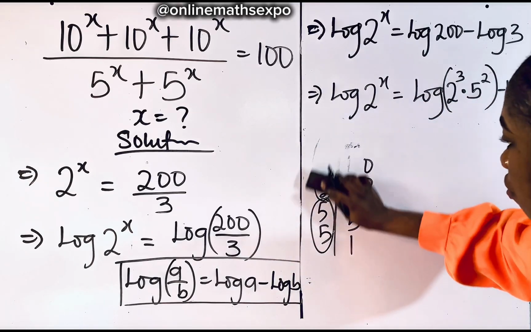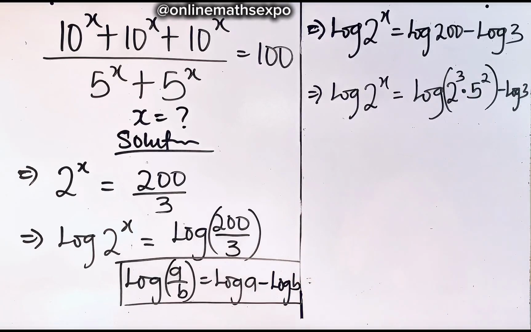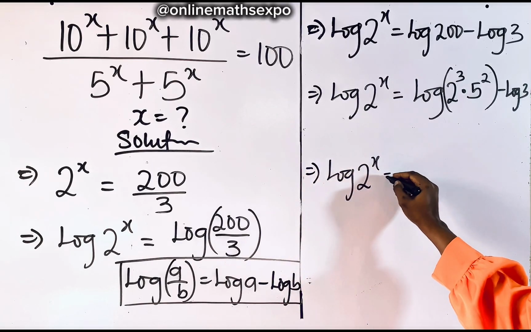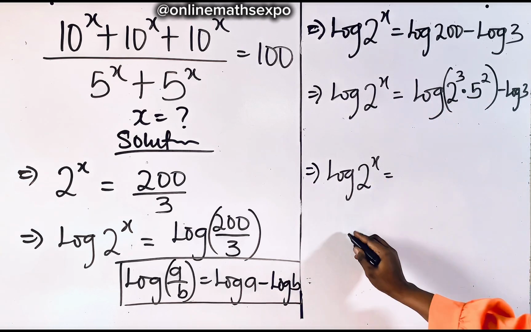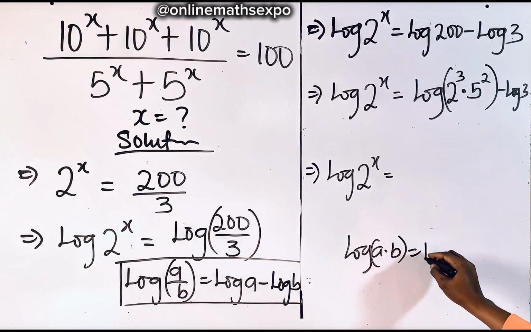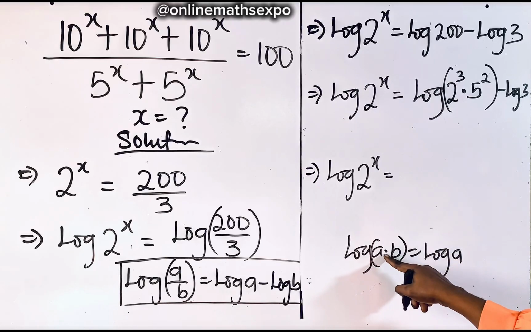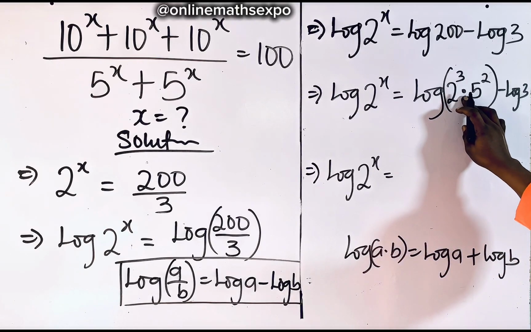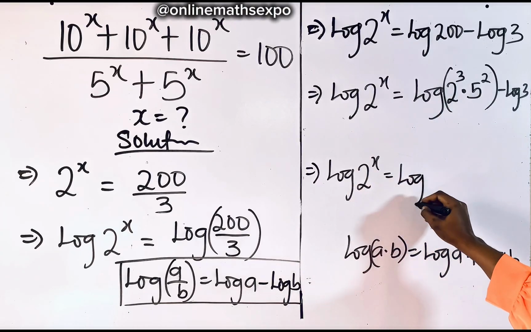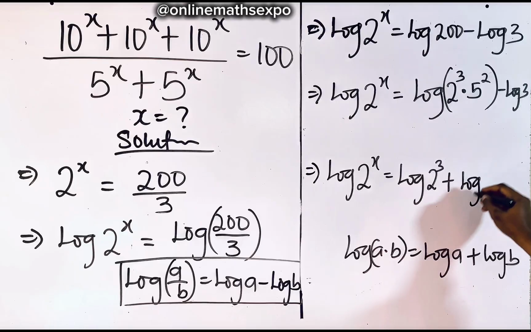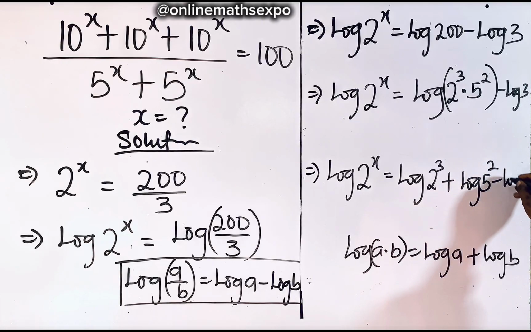We keep simplifying. For every log of a multiplied by b, it's always log of a plus log of b: multiplication turns to addition of logs. So if you apply it here, you have log of 2 cubed plus log of 5 squared, then minus log of 3.